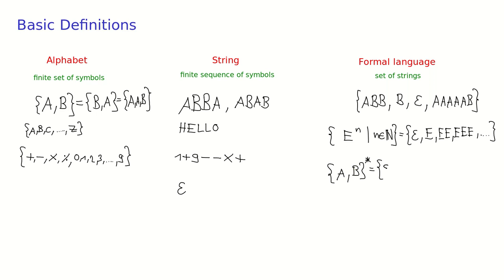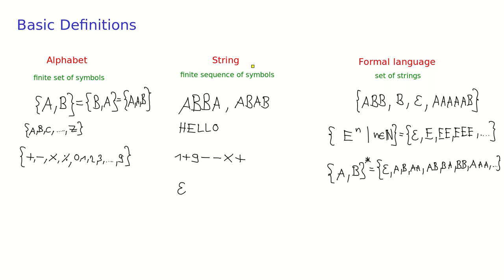So this would be the empty string, and the string A, and the string B, and all combinations of length 2, that is AA, AB, BA, and BB, and all combinations of length 3, and so on. All combinations of finite length. Remember, strings are always finite in our context, but formal languages can be infinite. They can contain infinitely many strings.